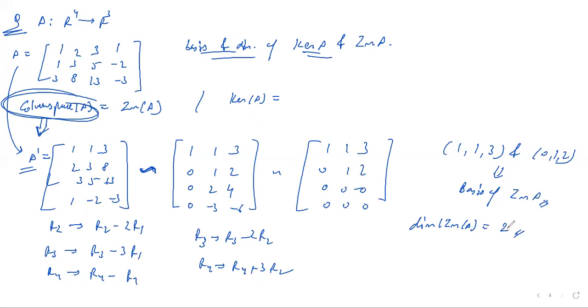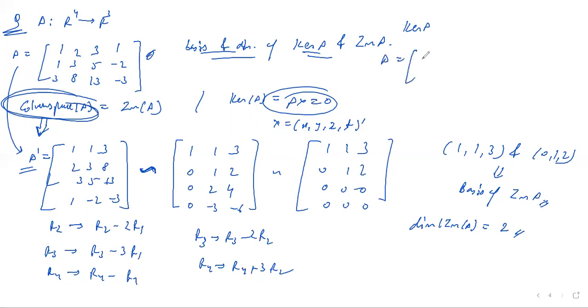Similarly, if we look at the kernel part, the kernel of A is defined as the solution space of the homogeneous system AX equals 0. Let's take our X as the vector x, y, z, t, then reduce A to echelon form.